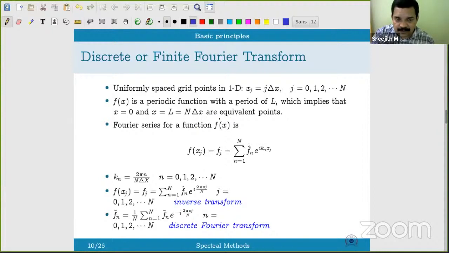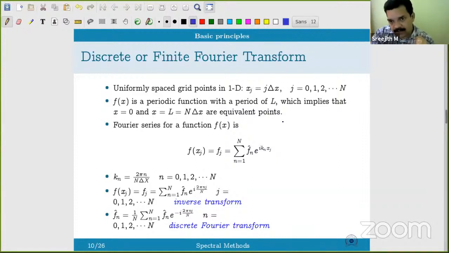Here again, f of x is a periodic function with a period of L, which implies that x equal to 0 and x equal to N delta x are equivalent points.